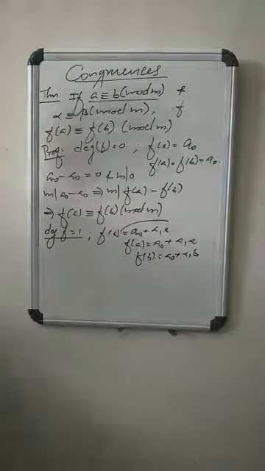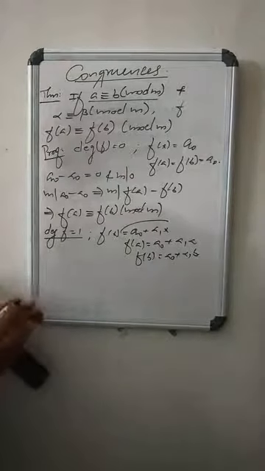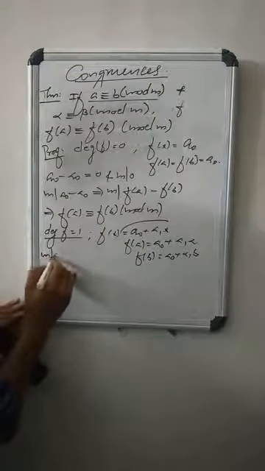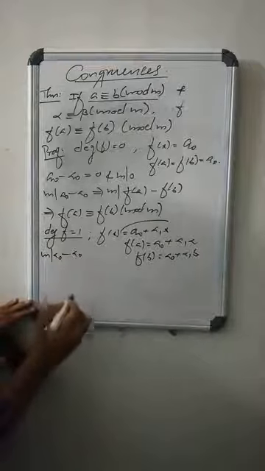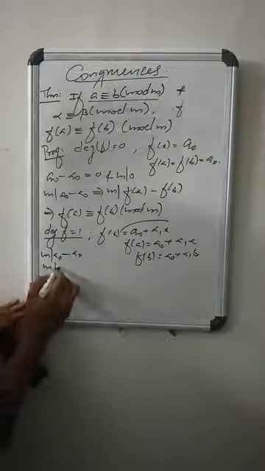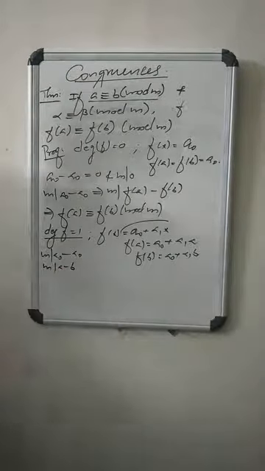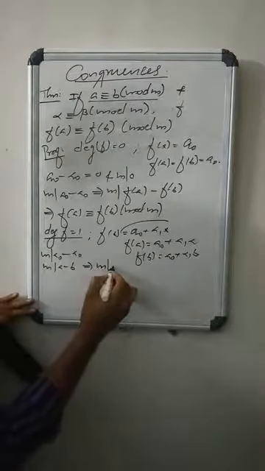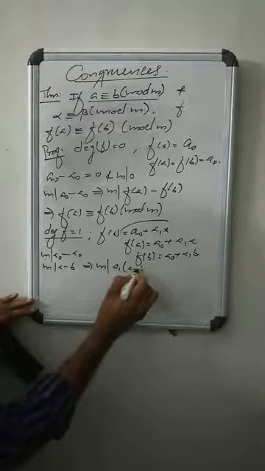Okay. Now, m divides a0 minus a0, that means m divides 0. Also it is given a is congruent to b mod m, which means m divides a minus b. So m divides a1 into a minus b.